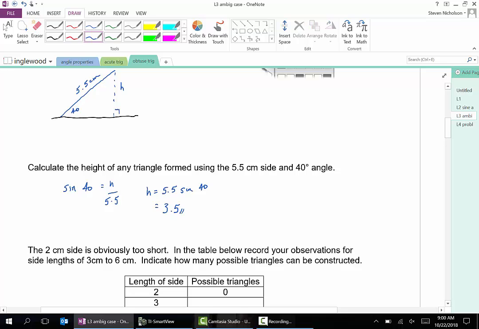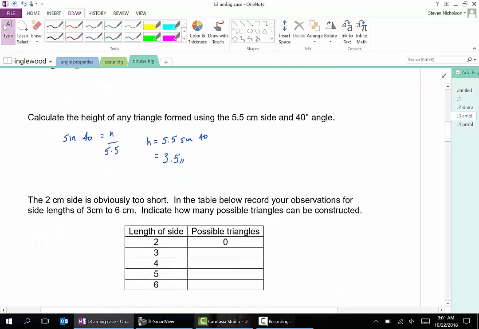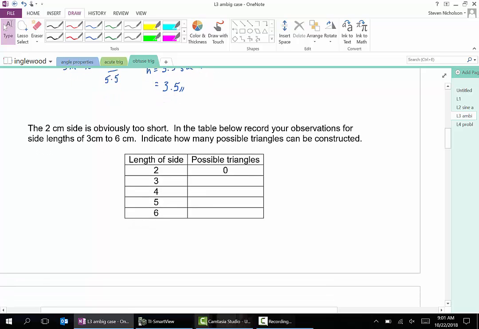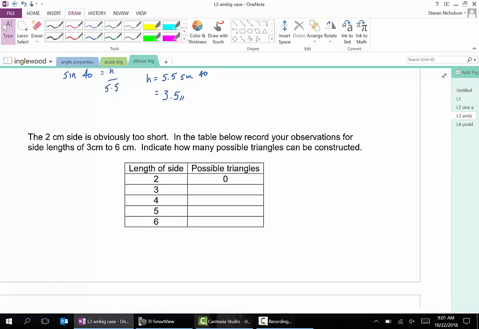Okay, so what that says is if the height of this triangle is about 3.5, 3.535, then we get one triangle. Now remember what I said, the key idea today is we need to figure out how many triangles we have. So the 2 centimeter side in the story above about the solar panel on the roof, obviously it is too short.